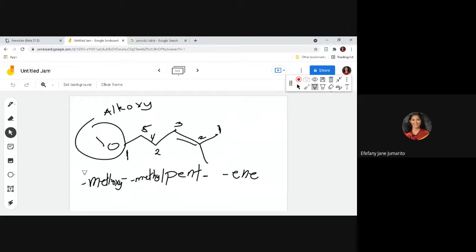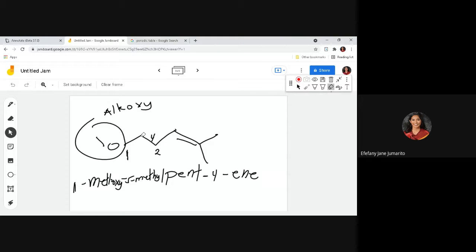Okay, so let's make sure that our oxy group has 1. So 1, 2, 3, 4. So our pent is in 4. Then we have our 5. Correct?